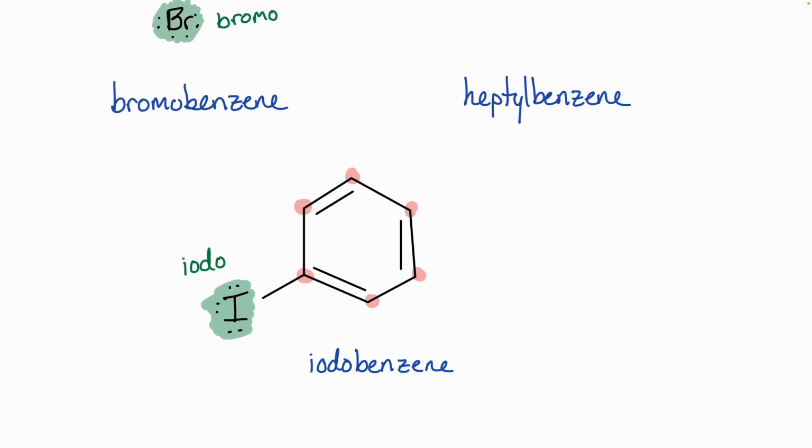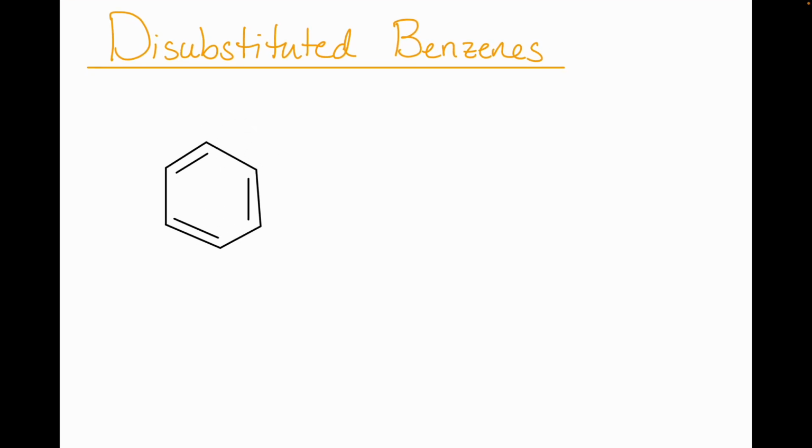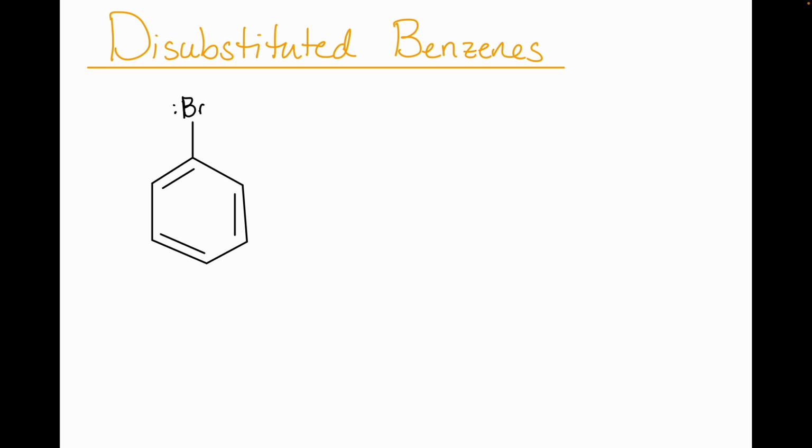It's important to get this hammered out here now because it's going to come up over and over again throughout the course. Okay. So if these two substituents, I'm just going to use bromo substituents as an example. Right?